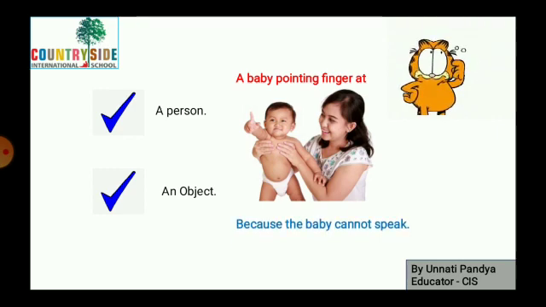Because the baby cannot speak. So, whatever it has to communicate to his mother, he has only one way to do that, by pointing at the person or pointing at the object. Right?